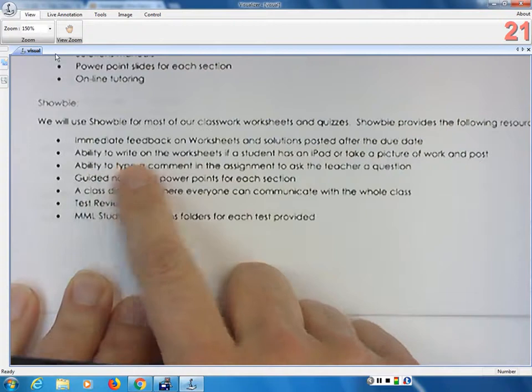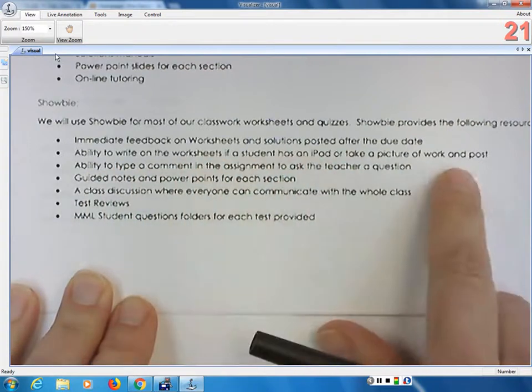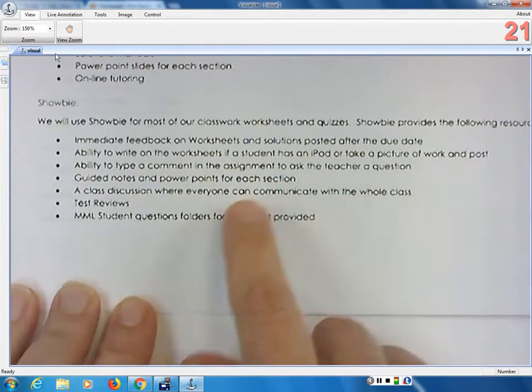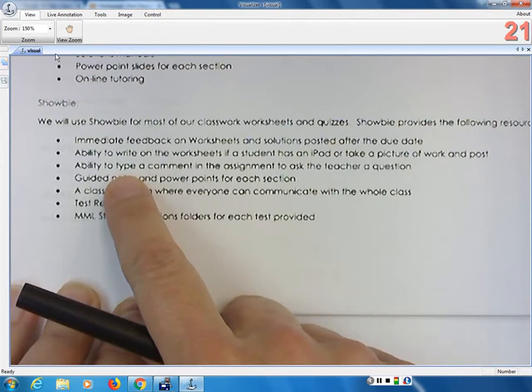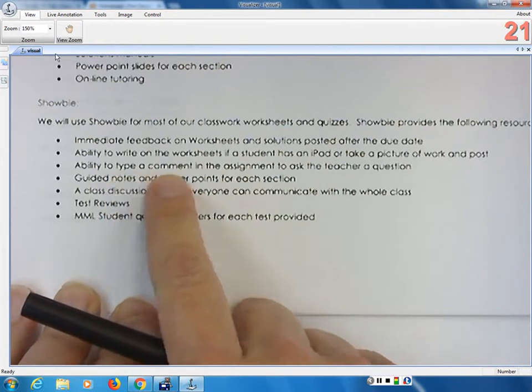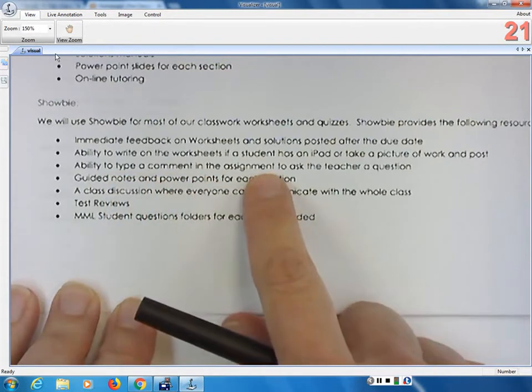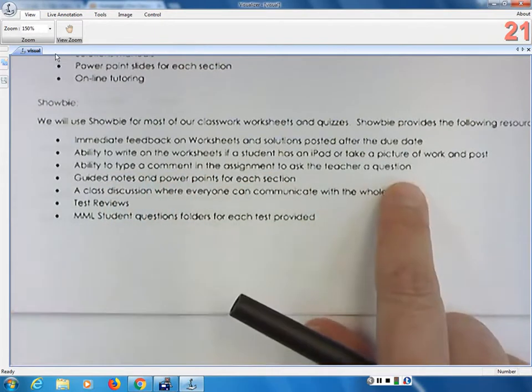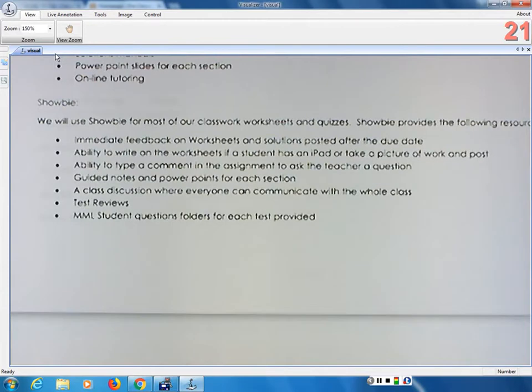You can write on the worksheets if you have an iPad, or you can take a picture of your work and post it. I do require you to post your work there. You can type a comment in the assignment to ask me a question. I don't see when you post something, but when you type a message in the comment block, it's in Shobi. So I'll go to Shobi.